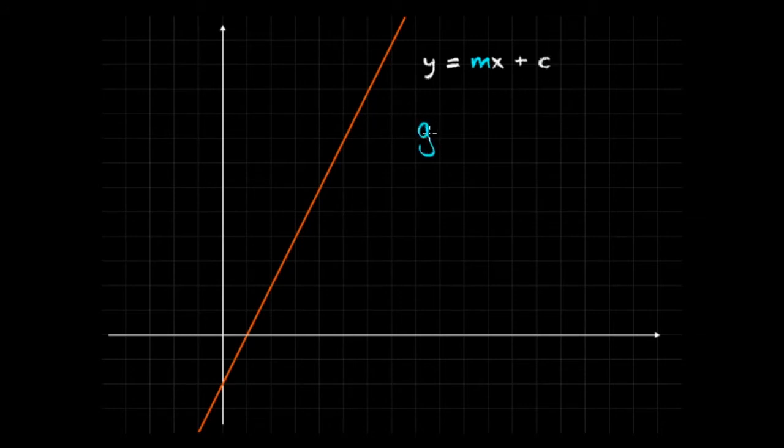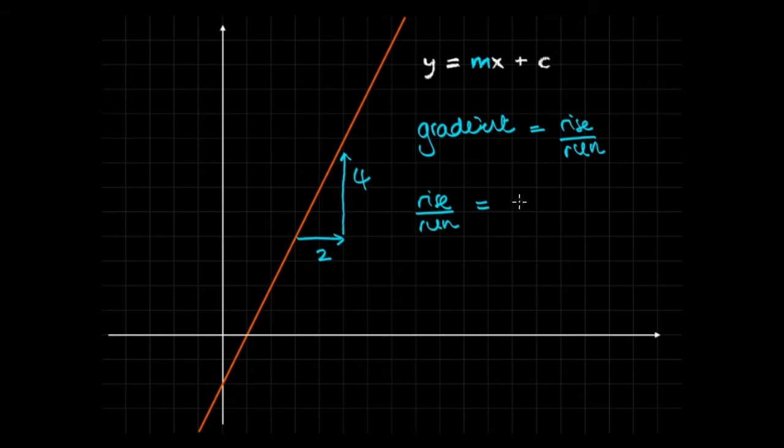We also know that the gradient is equal to rise over run, or the change in y over the change in x. So here, if we go across 2 squares, then we go up by 4 squares, and so rise over run is equal to 4 over 2, and so the gradient m is equal to 2.